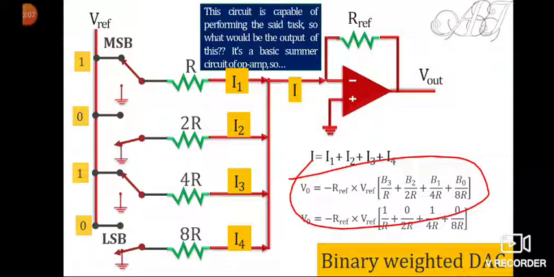If the rest of the values are given to us, we will solve this and find the corresponding V out. That's all about this first kind of digital to analog converter. It is known as binary weighted DAC. I hope the operation is clear to all. In the next lecture I will further explain this.